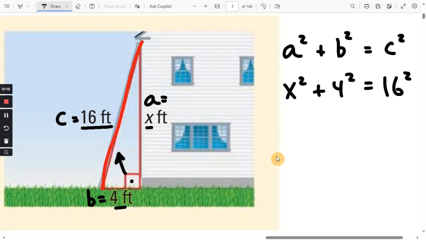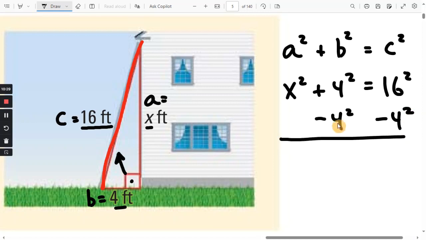All right, and this time I'm going to do the shortcut just to show you. You can make this 16 if you want, but you could actually leave it alone and just do minus 4 squared on both sides. Cancels here. x squared is going to be 16 squared minus 4 squared.